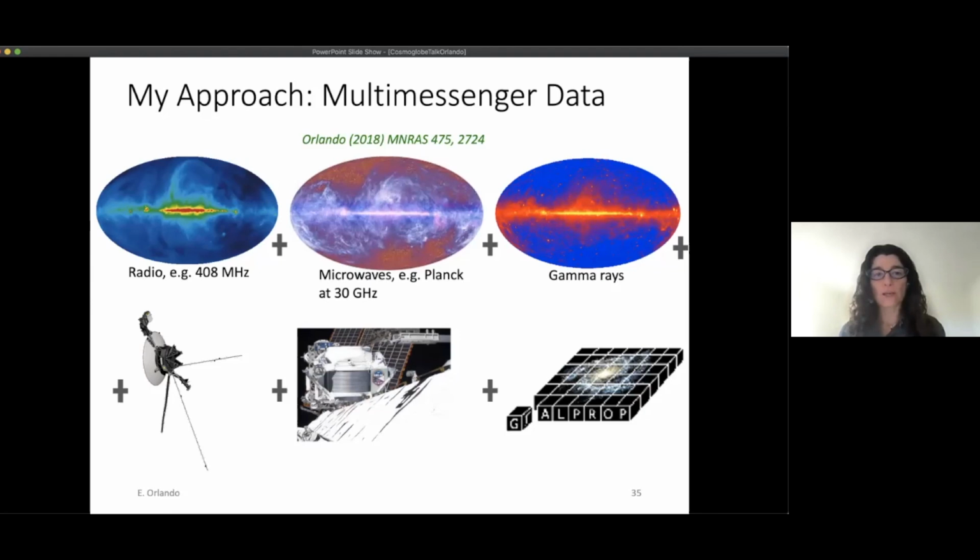Radio and microwaves are produced by synchrotron emission of electrons in the magnetic field, while gamma rays are produced by the same electrons and positrons, and of course also hadrons, interacting with photons and gas in the interstellar medium. So I put together these observations plus measurements of cosmic rays, the latest from Voyager and AMS-02, for example, and I use GALPROP for modeling the propagation in the galaxy.